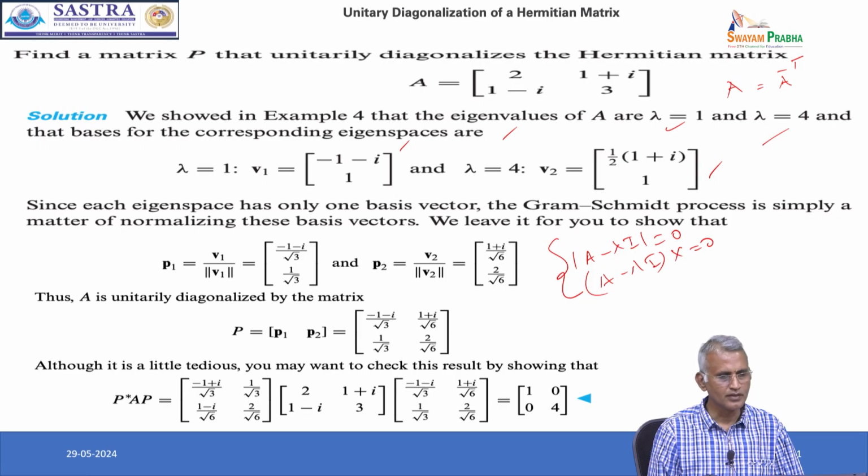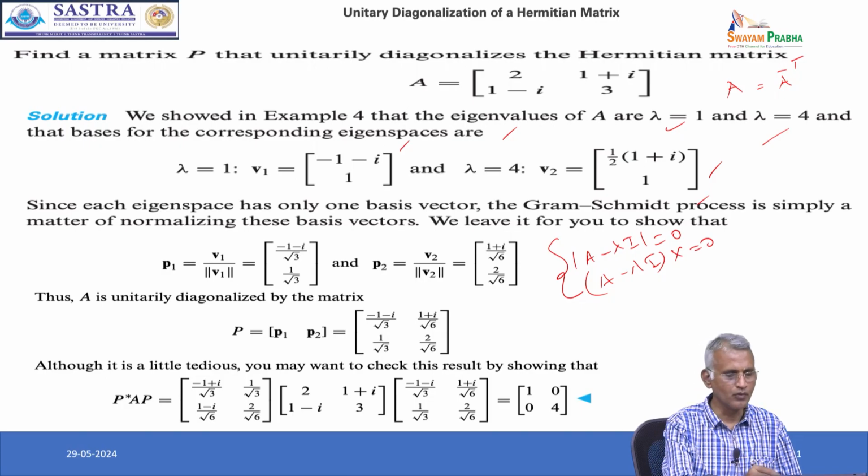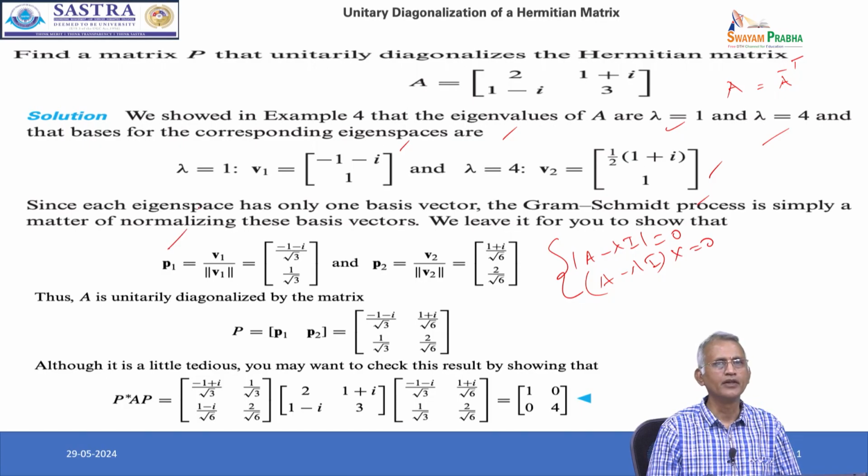Since each eigenspace has only one basis vector, according to the Gram-Schmidt process it is simply a matter of normalizing these basis vectors. Now, the technique is P1 is V1 by norm V1.